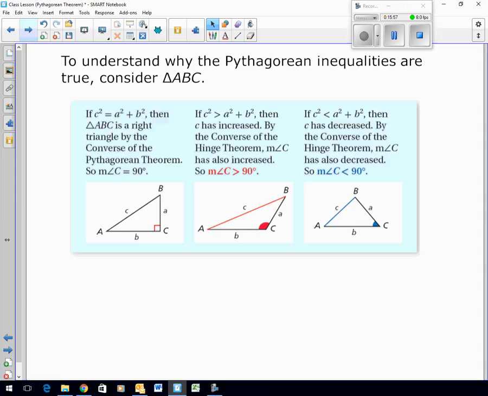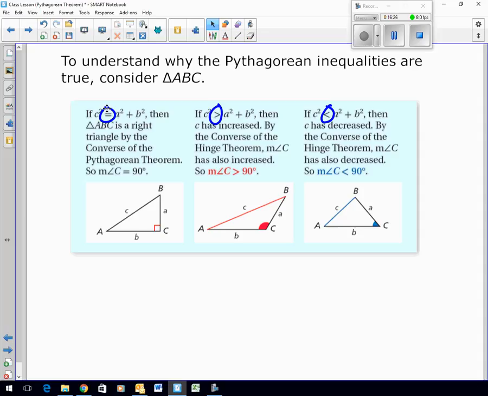So pay attention to that symbol right there. It's going to tell you what you need to know about classifying your triangles. Only when this is true do you have a right angle.